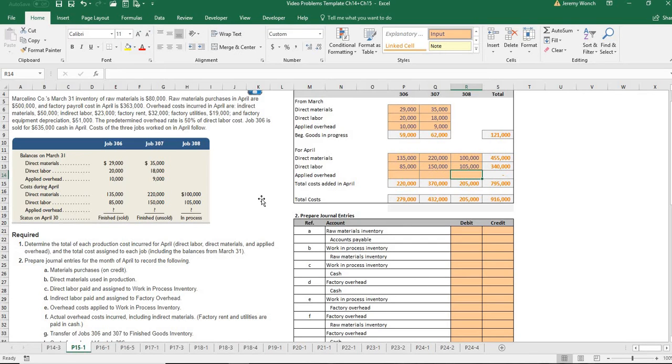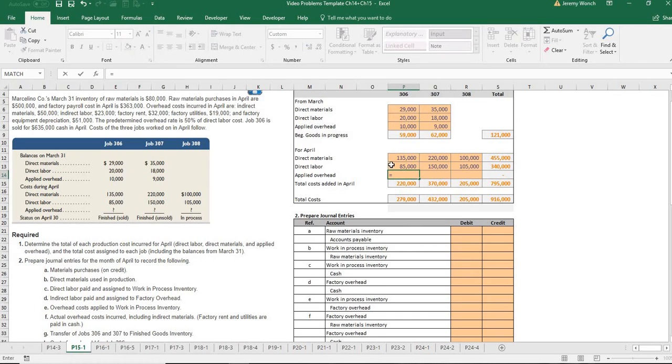You're just trying to make the best guess, the way to apply, hey, how much nuts and bolts and cleaning solution are going to be applicable to each job. And so what you do is you estimate the overhead, and then you figure out a driver. So in this situation, they figured that, hey, roughly our overhead that's going to be applied is going to be half of the labor cost.